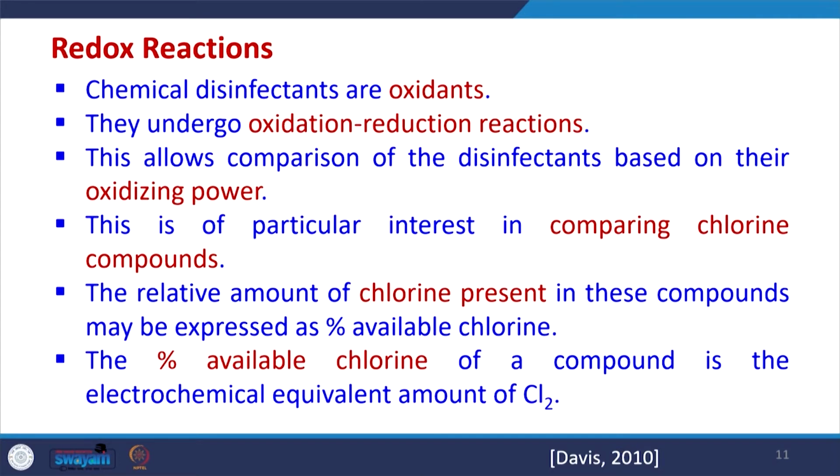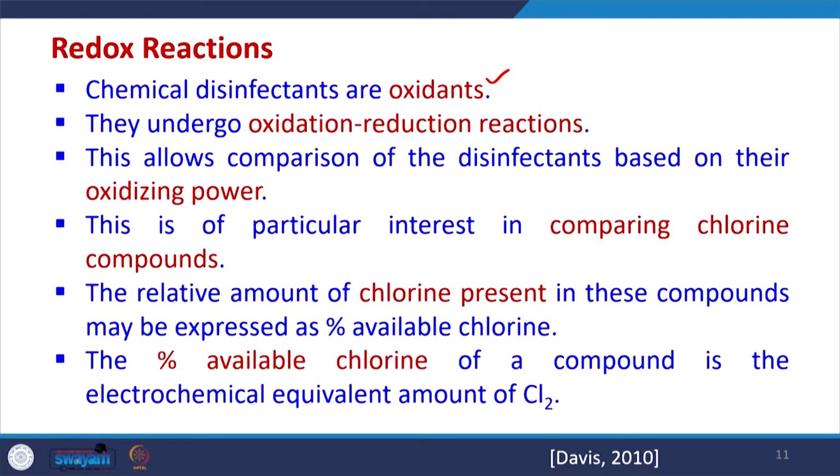Now, going further ahead, there are certain redox reactions which happen when we are using any chlorine species in particular. These chemical disinfectants, all the chlorinated compounds, chlorine and its related compounds, are used as disinfectants. They are essentially being used as oxidants, and since they are used as oxidants, they undergo oxidation reduction reactions.